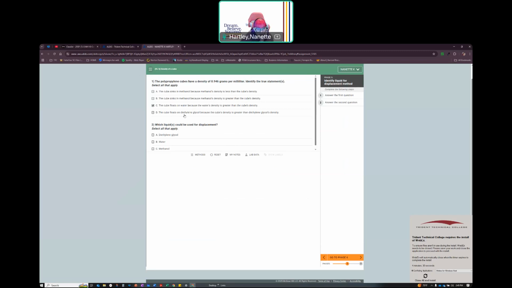Well, that's not true. The diethylene glycol has a greater density than the cube. The cube sinks in methanol because methanol's density is less than the cube's density. So the cube has a greater density than the methanol does.